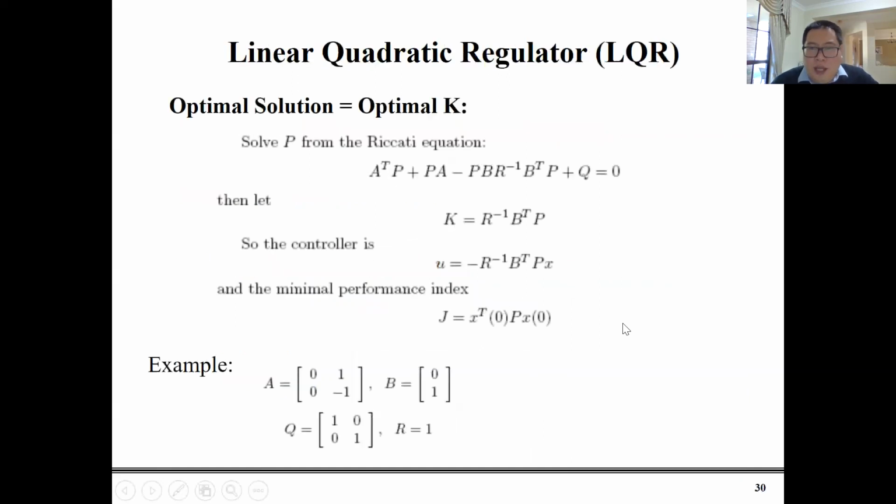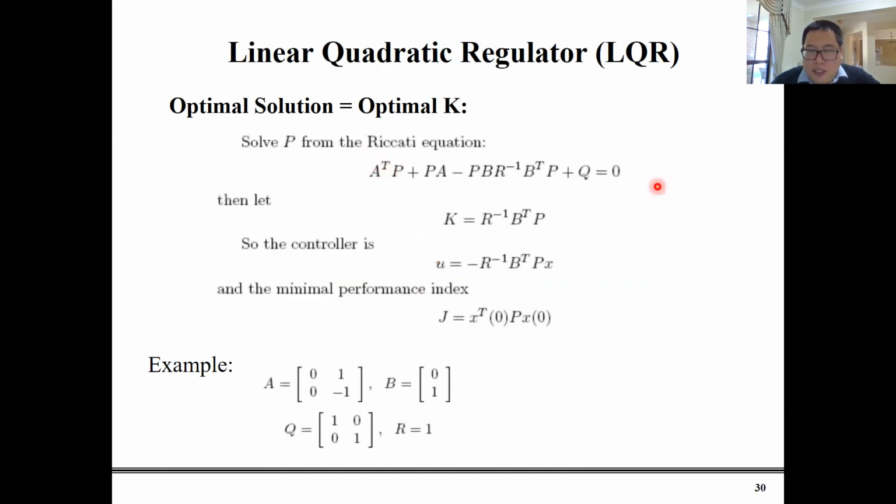And how to do that is, you need to know how to solve the Riccati equation. The first step is you solve for P from the Riccati equation.